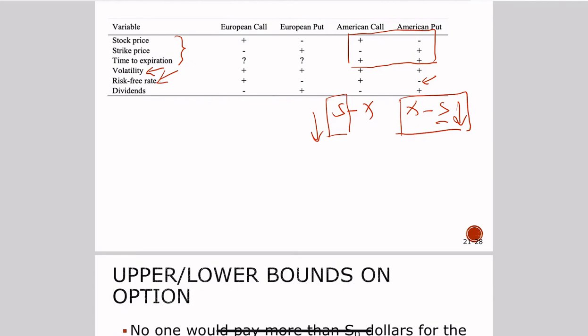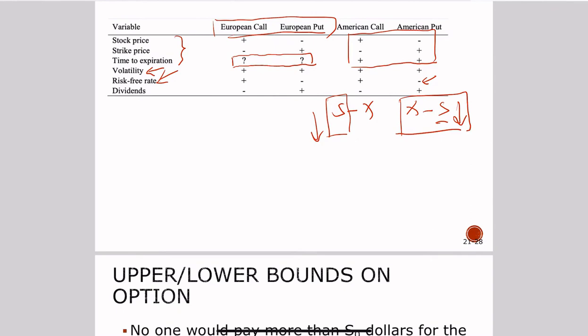There is a little caveat here. If you look at the European calls and European puts, they have the same result as their American counterparts, but the only difference is here. The effect of time to expiration on European call and European put is ambiguous. So how to understand this? Well, the reason is there are two forces that affect the value of calls and puts when you're thinking about time to expiration. The first is the volatility value, right?